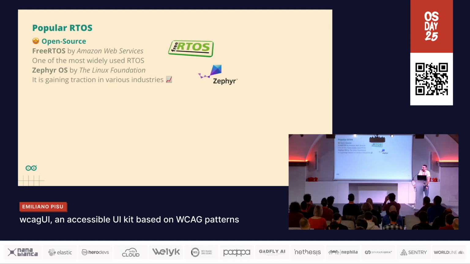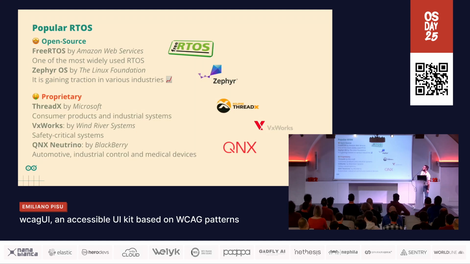And then there is Zephyr. Zephyr is developed by the Linux Foundation, and it's gaining traction recently in various industries, for example in the IoT context. There are also proprietary RTOS, for example ThreadX by Microsoft, VxWorks by Wind River, and Neutrino by BlackBerry.